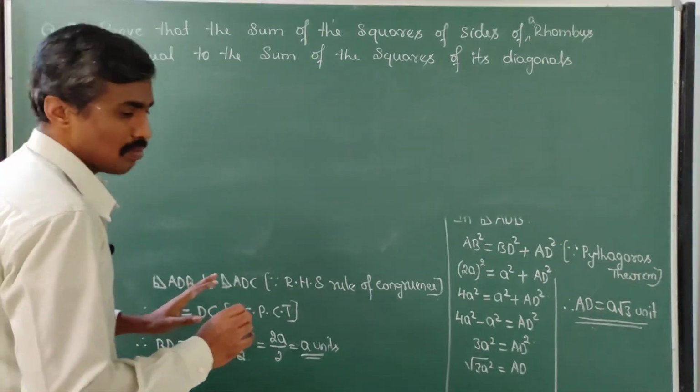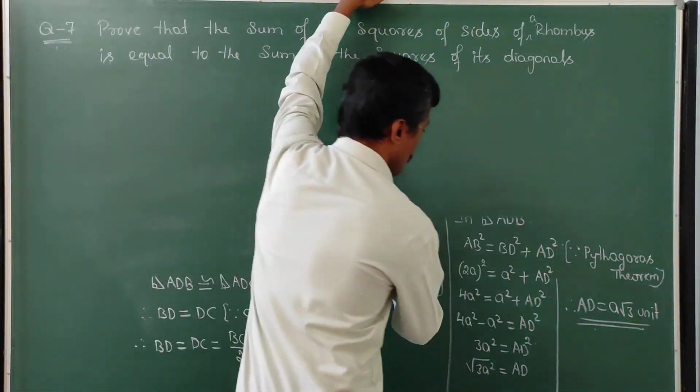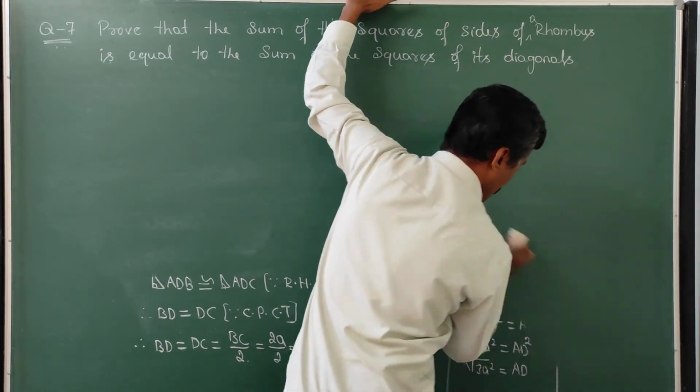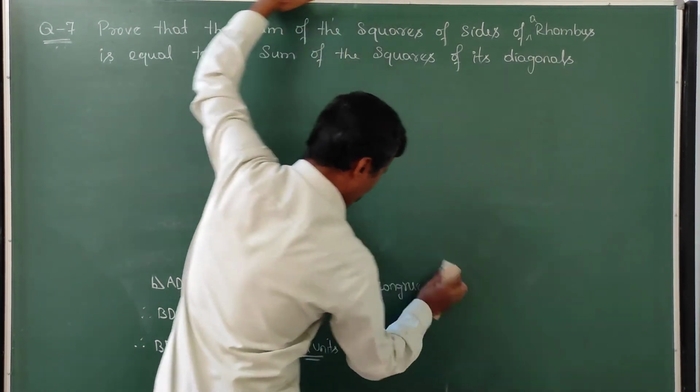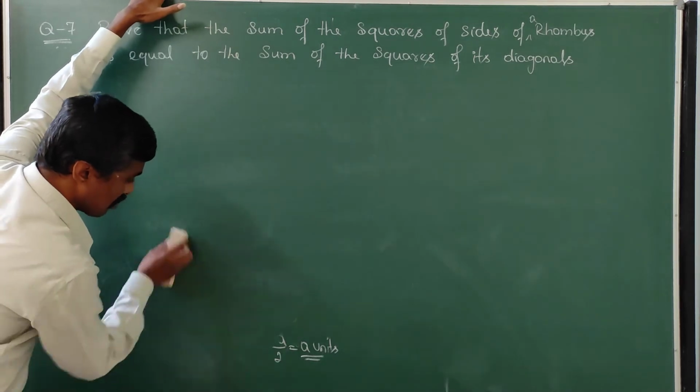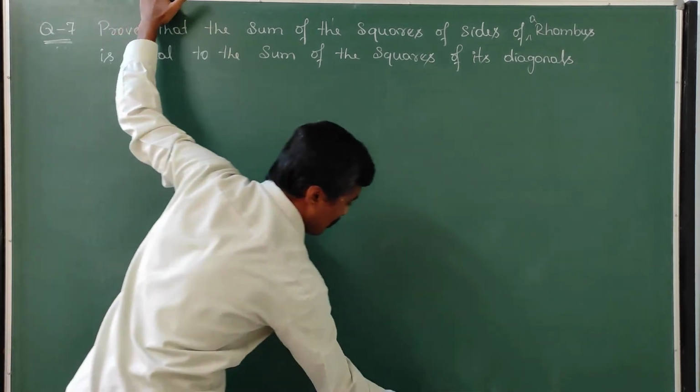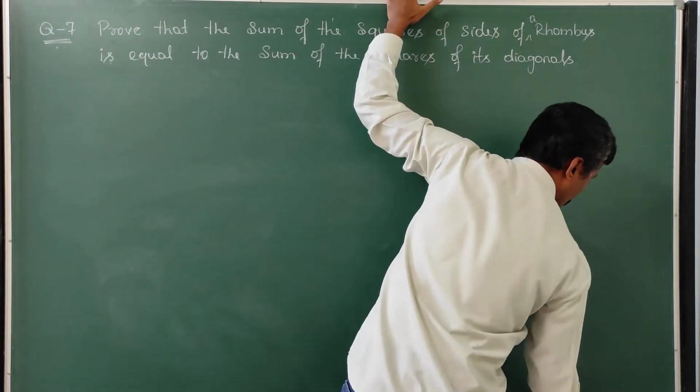Okay, so let me draw a rhombus. I think you know about rhombus. The properties of rhombus are very important to prove this statement. So first I will draw the rhombus.